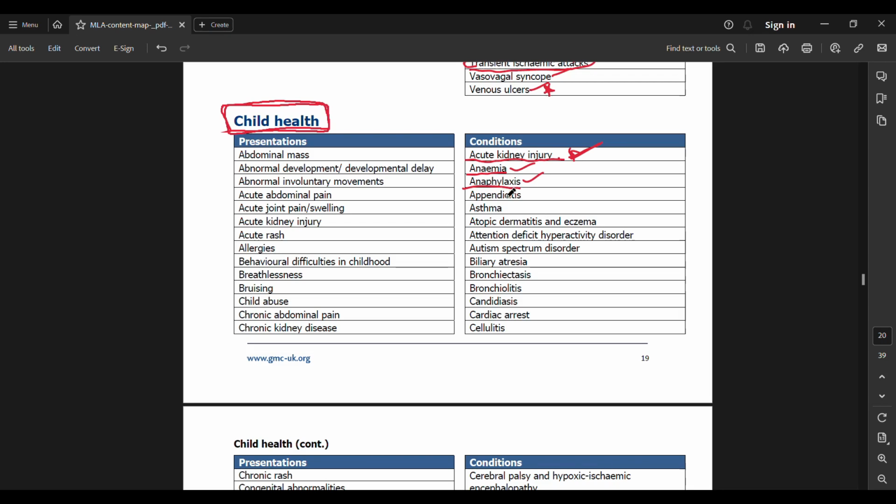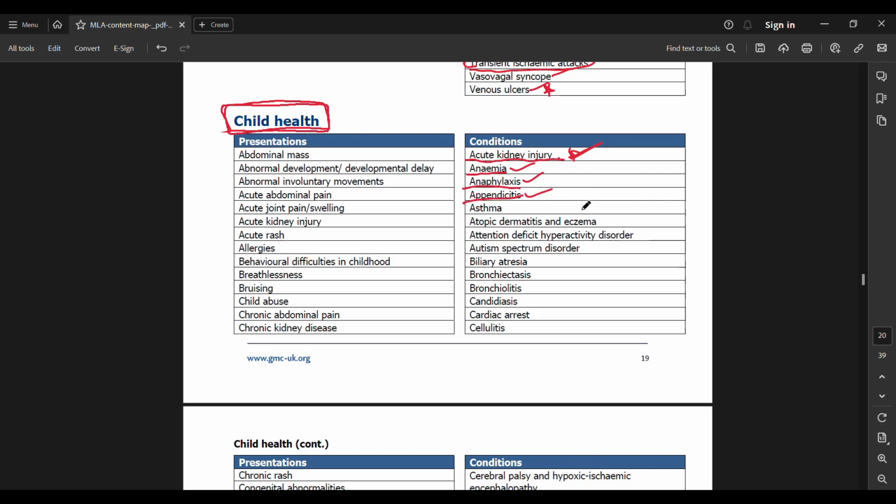Less so in the case of blood transfusions. I would say that's more of an adult scenario. And anaphylaxis usually comes along with EpiPens, right? So maybe you'll have to explain how to use an EpiPen to a child's parent. So yeah, anaphylaxis has shown up as emergency scenarios, as parent counseling scenarios. So yeah, make sure you prepare this well.